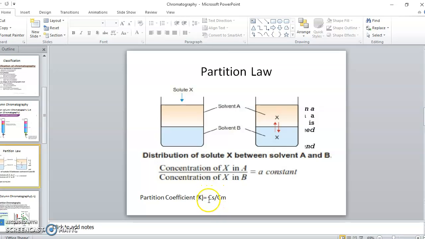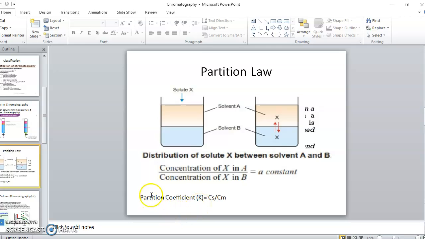So we discuss Cs as the concentration of the component in the stationary phase, and the concentration of the component to be separated in the mobile phase. That ratio is known as the partition coefficient.